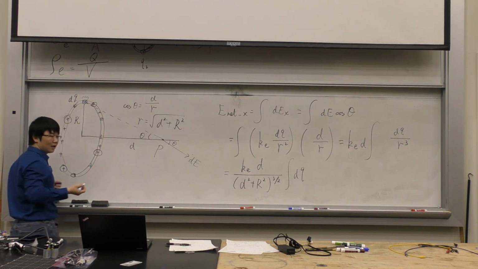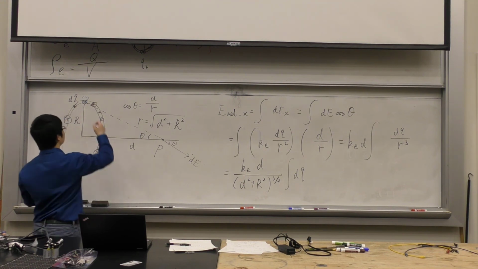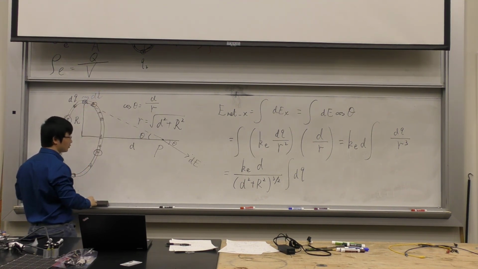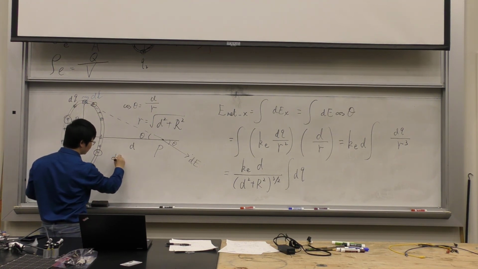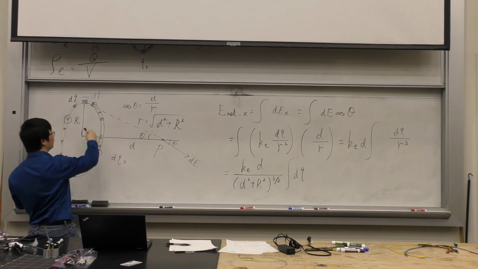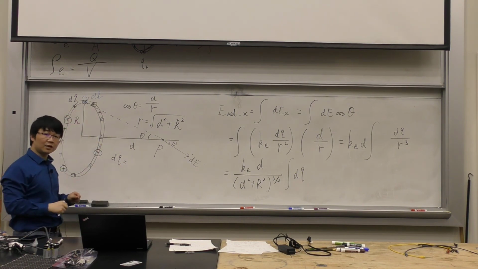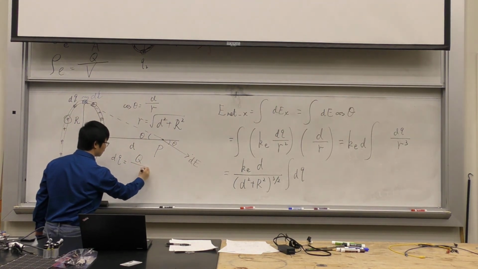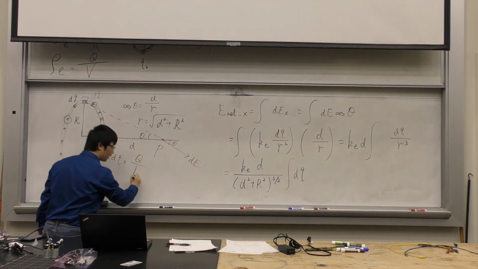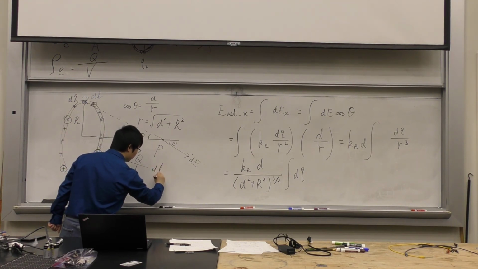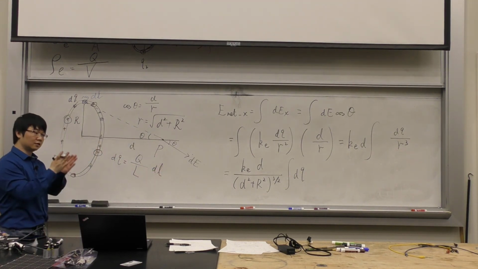So again, use whatever symbol you like. Let's just use dl, because it's a very small length. So this dq, if I want you to find the dq for a very, very small segment I pick on this ring, you would do total charge divided by the total length of the ring, and then times the very, very small length of the small segment I pick, right?